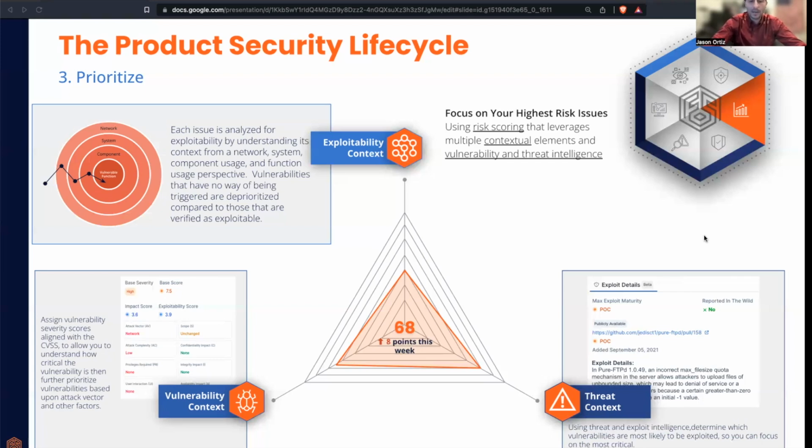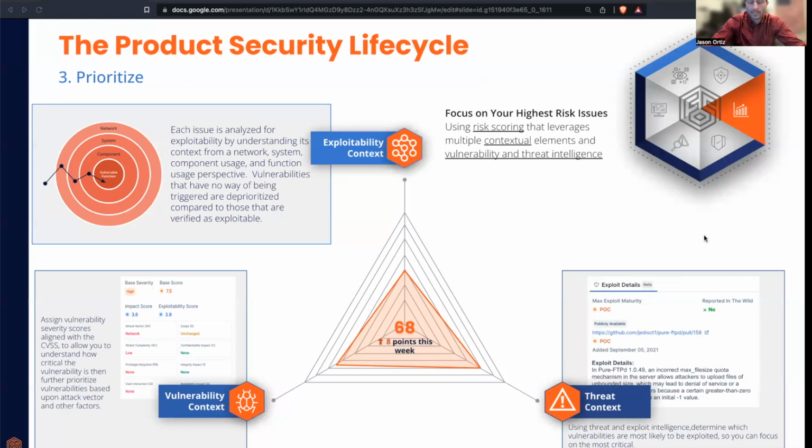Finally, this top one here is one that I think very few organizations are doing, and that is we have to understand the exploitability context as well. That is essentially figuring out whether or not a vulnerability can actually be exploited in the context of your environment, inside of your network system, etc. Is that component, the component that's vulnerable, even used in your compiled code?